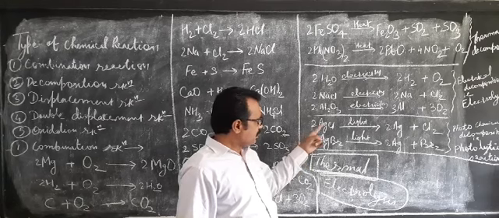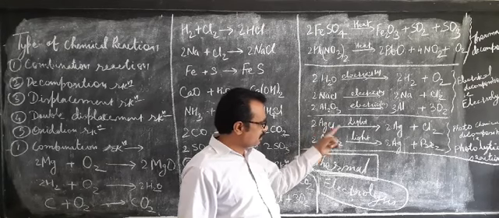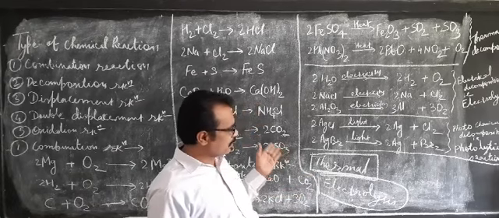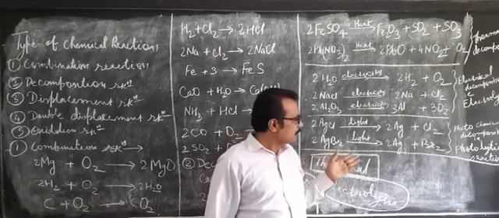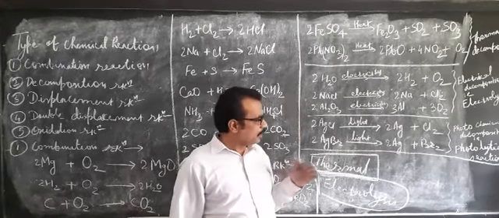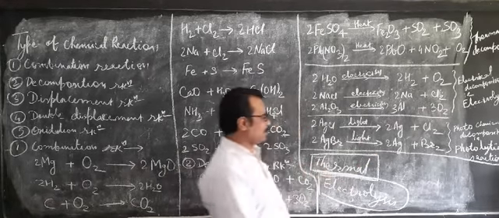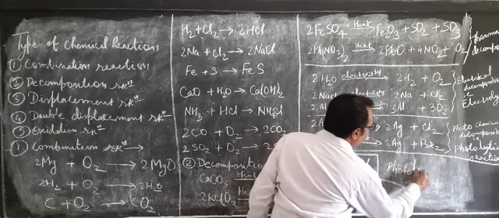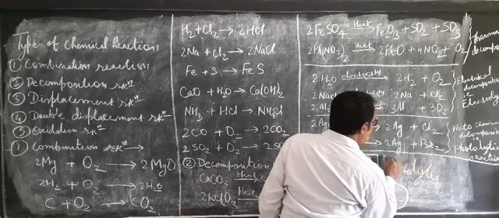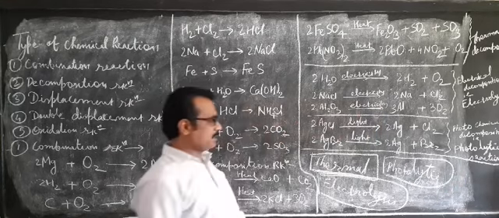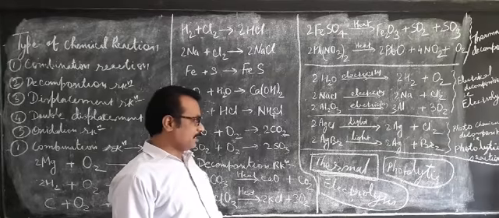Since the decomposition takes place under the influence of light energy, this type of decomposition reaction is named a photochemical decomposition reaction or photolytic reaction. So these are examples of photolytic reactions.